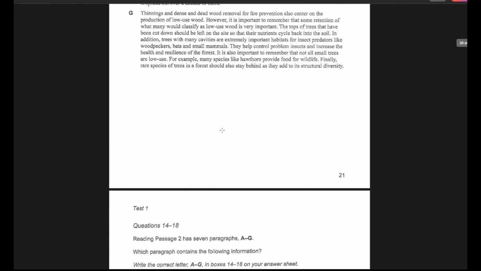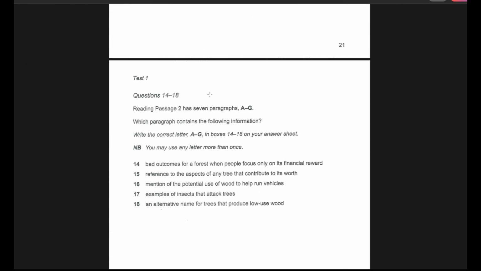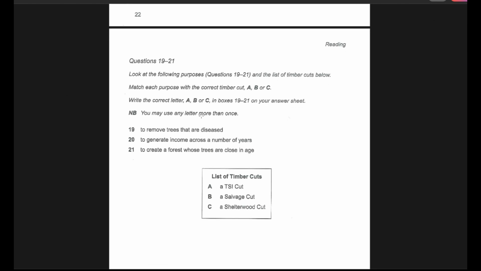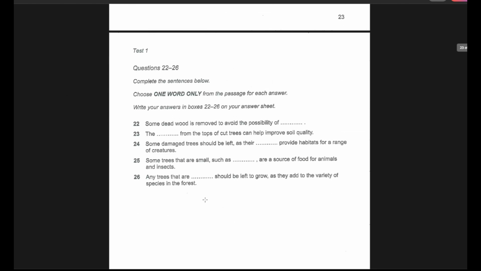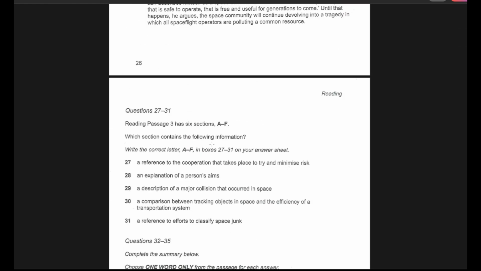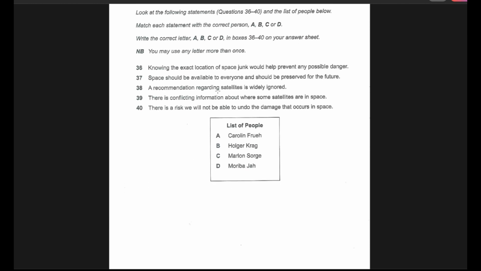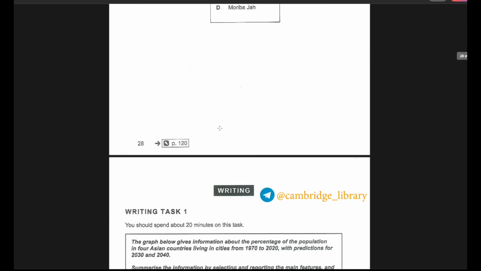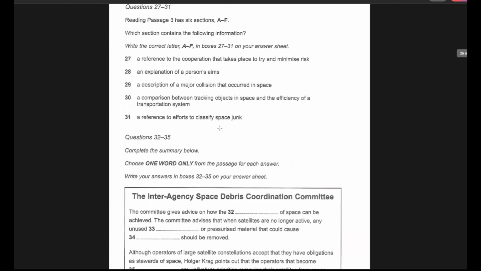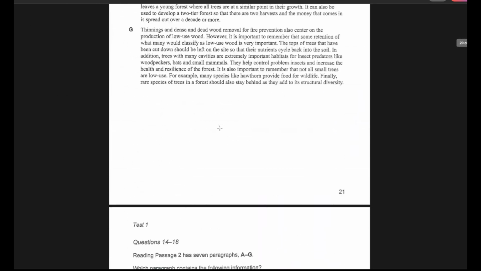The second passage, the second section, has matching information type of questions, then again matching information type of questions, then fill in the blanks type of questions. And the third passage has matching information type of questions, fill in the blanks type of questions, again matching information type of questions. So let me share what my strategy would be to solve this exam.